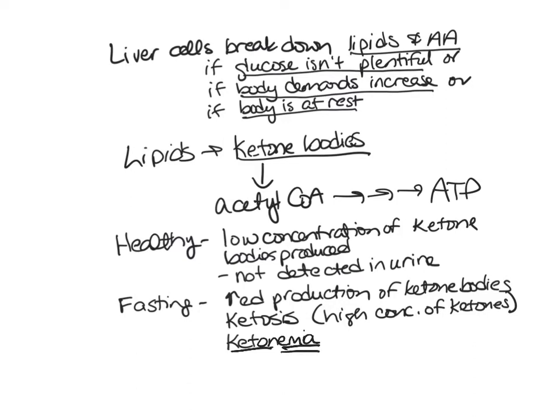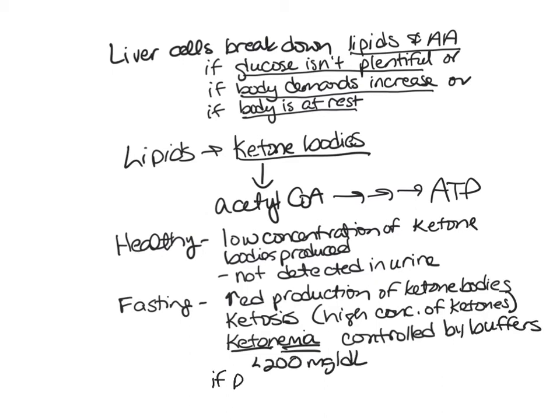So whenever you see "emia," that means in the blood. Usually ketonemia is controlled by buffers so that the levels of ketones in the blood stay low. Usually a normal ketone concentration would be under 200 milligrams per deciliter.